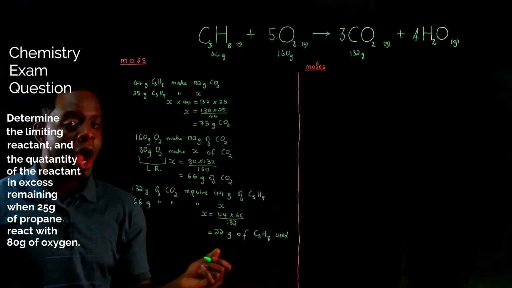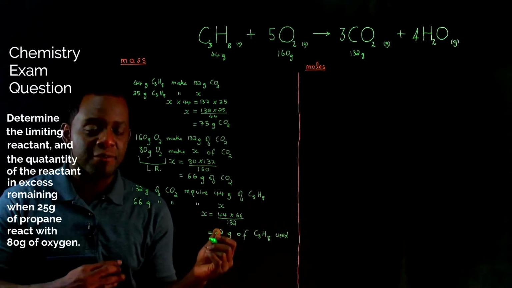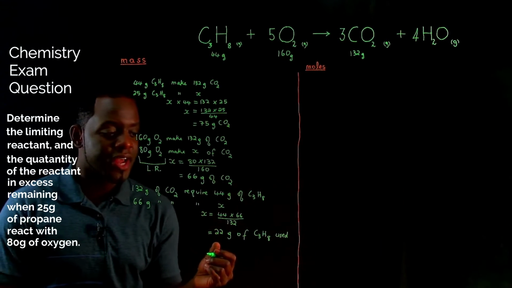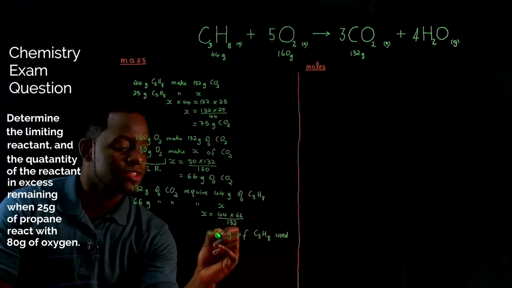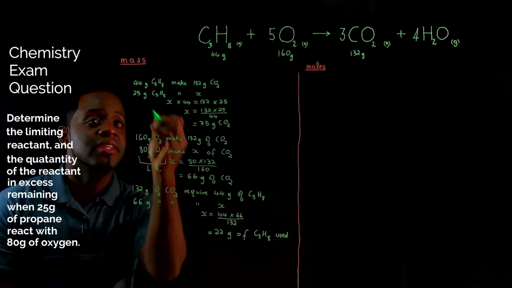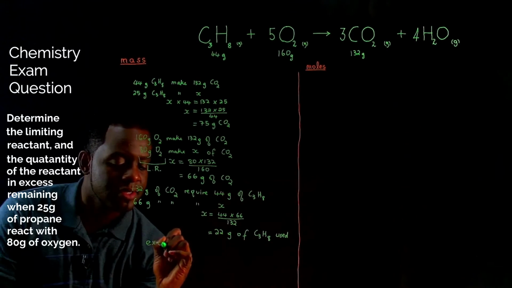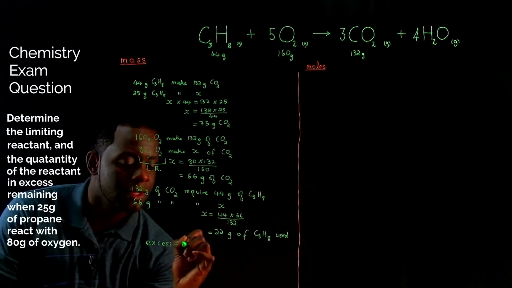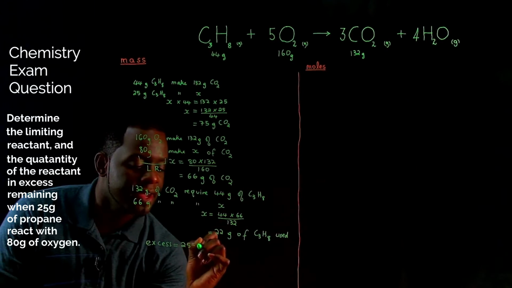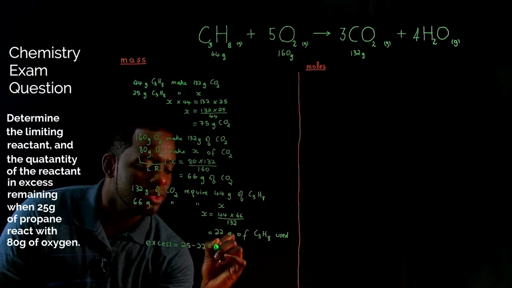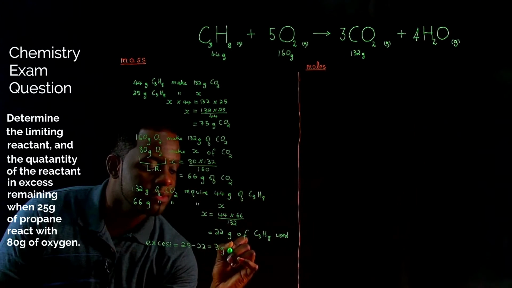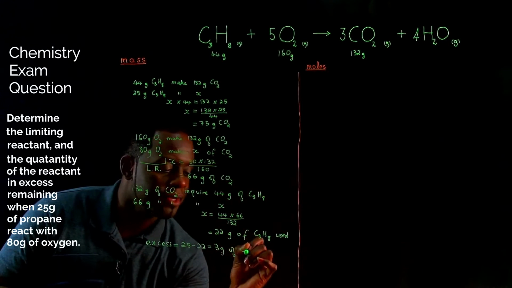So, how much remains after the reaction has been completed? We need to subtract this amount from the starting amount. So, the excess is 25 minus 22, which is 3 grams of propane.